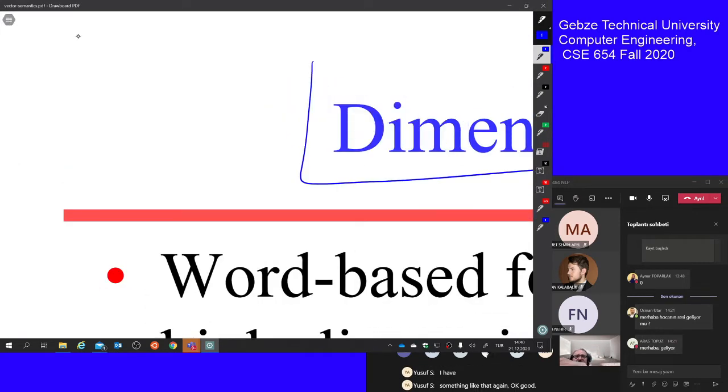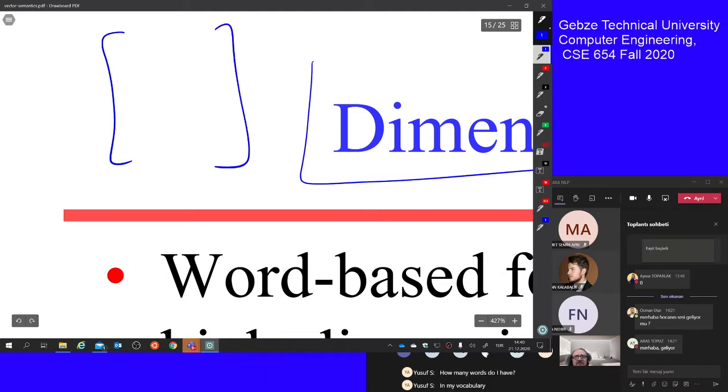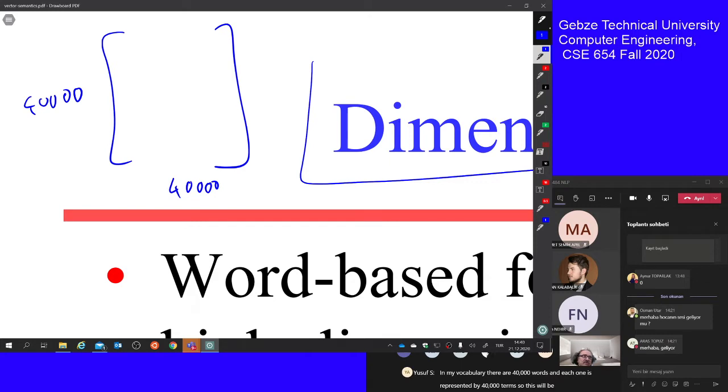How many words do I have in my vocabulary? There are 40,000 words, and each one is represented by 40,000 terms. So this will be a 40,000 by 40,000 matrix, right?